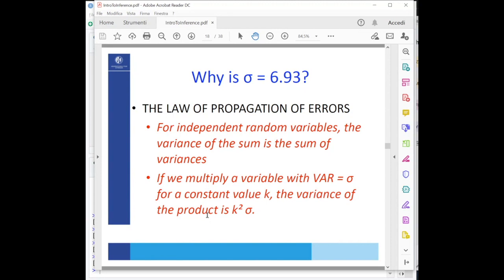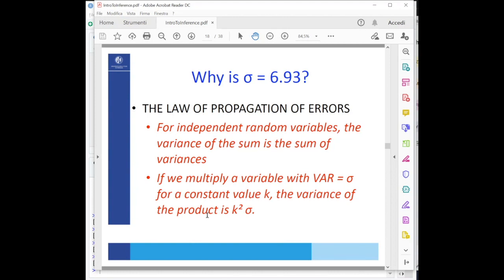And the second thing, if I take a population, which has a variance equal to sigma, and I take all individuals in this population and multiply them by a constant number, for example, k, I obtain a new population which has a variance equal to k squared times the original variance.